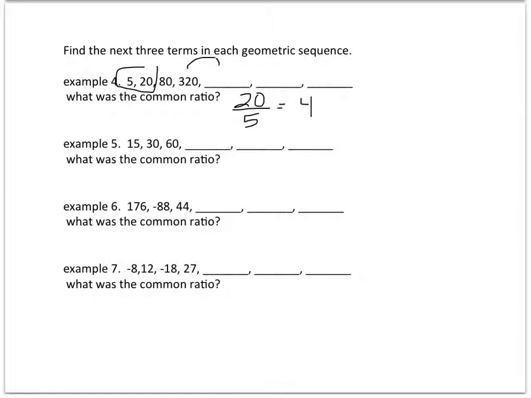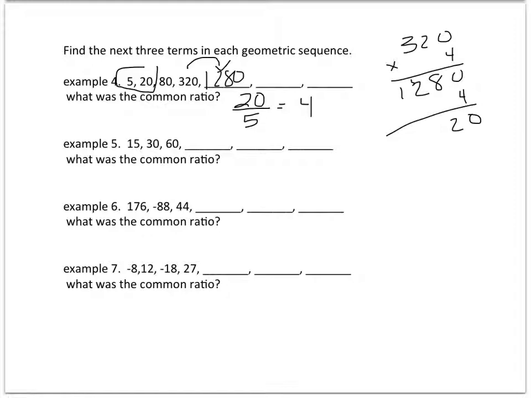To go from 320 to the 5th term, you're going to take 320 and multiply it by 4. So that's 1280. To do that again to get the next term, that is going to be 5120.